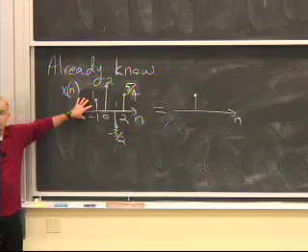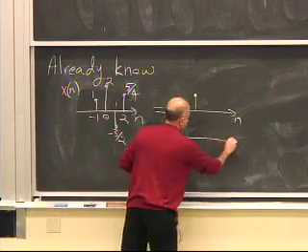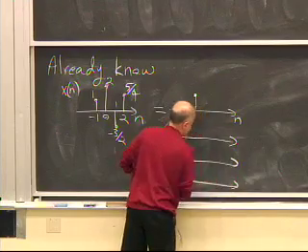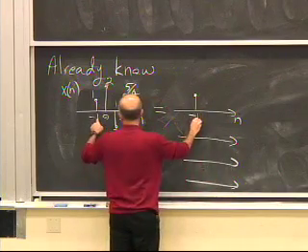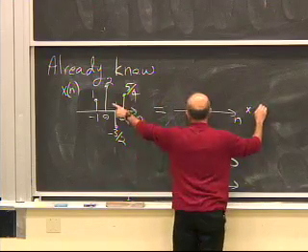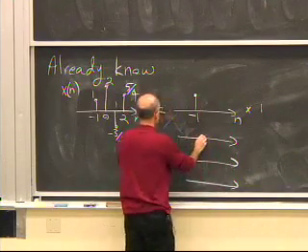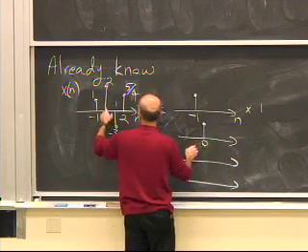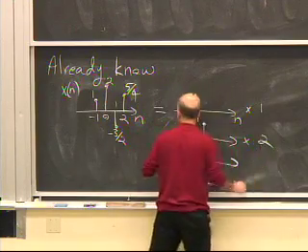So you know how to split this into a linear combination of a bunch of impulses, where this one will be at minus 1 times 1. This one will be at 0 times 2.